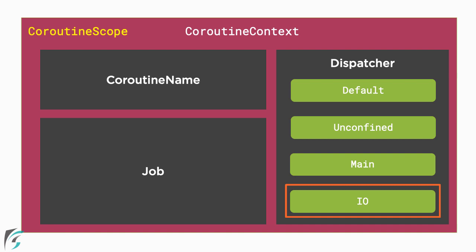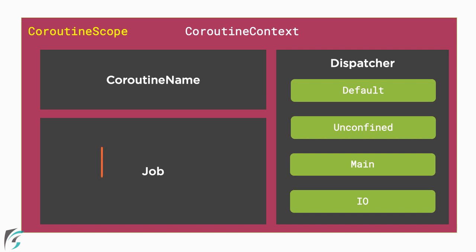So we are not going to discuss them right now. We will discuss these two dispatchers in a separate Android tutorial, because it is in Android where we will use UI components and do some IO operations. So for now, don't worry much about them. For the dispatcher, just remember it is the dispatcher which decides on which thread your coroutine will execute.